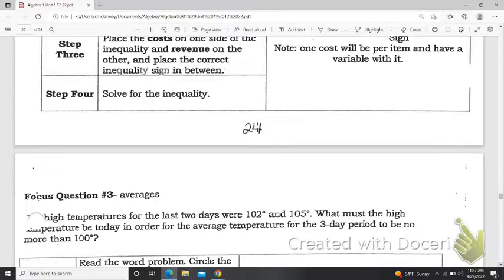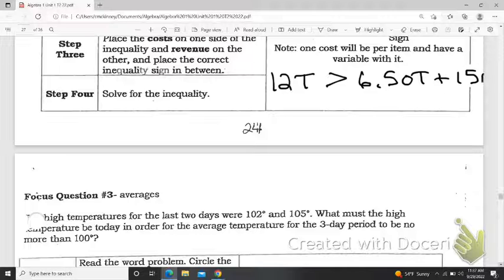$12, so that was 12T, needs to be greater than 6.50T plus 150. So I'm going to subtract those to move that over. So that's going to give me 5.5T greater than 150.